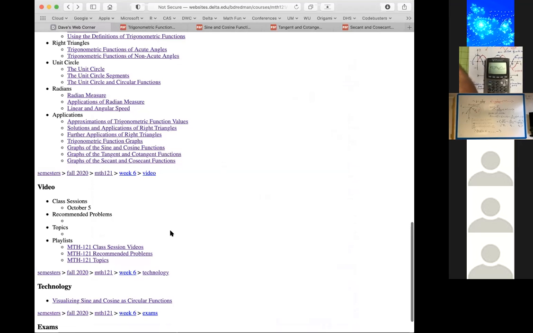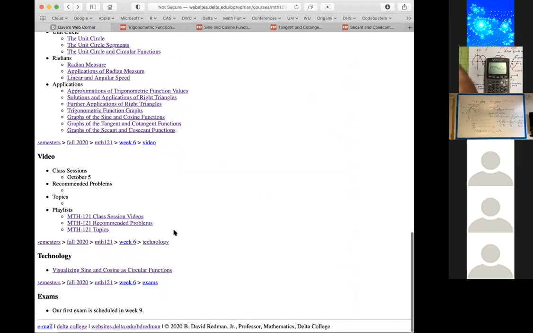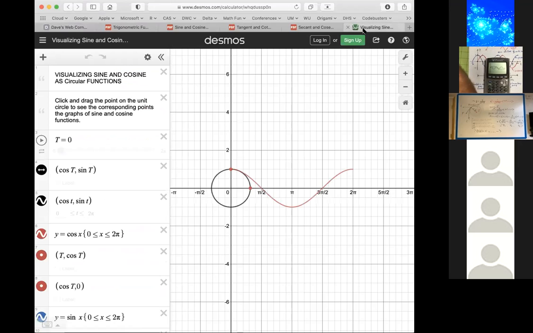But if you want to see this in action, it's the last thing we'll look at. I also made a nice Desmos sheet here. So you could see the sine and cosine. Excuse me, I must not have clicked on it. There we go. You can see the sine or cosine as you travel around the circle.